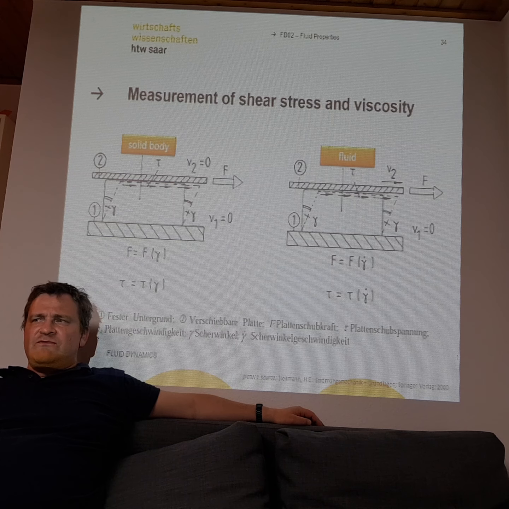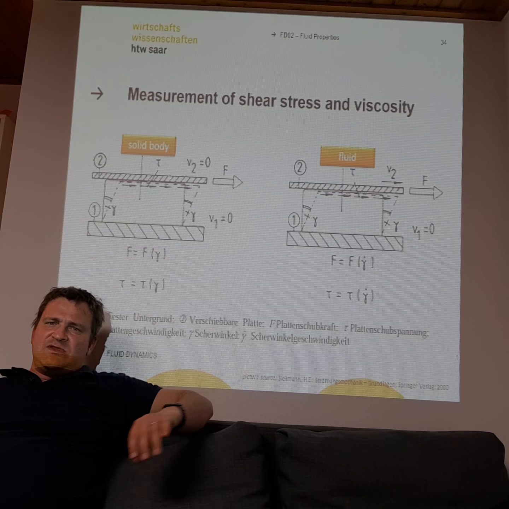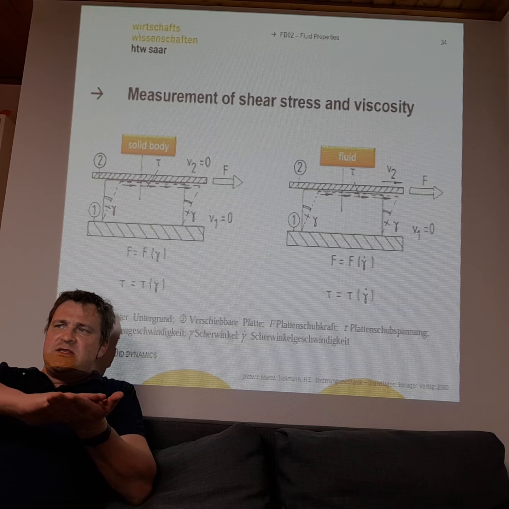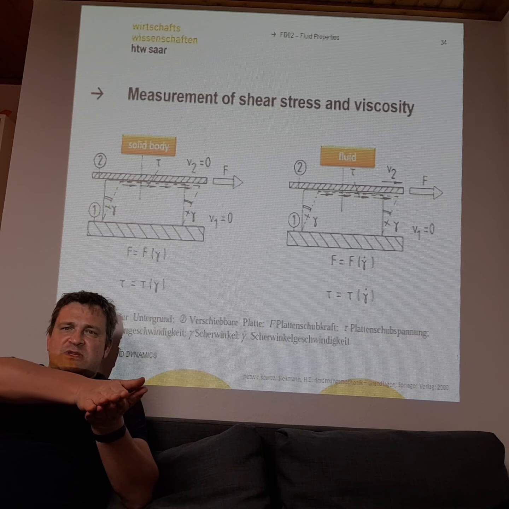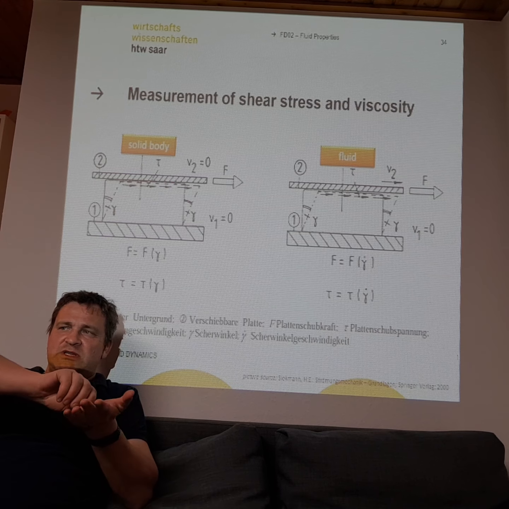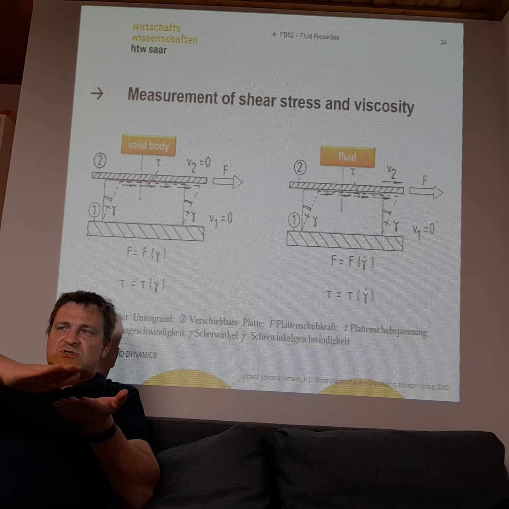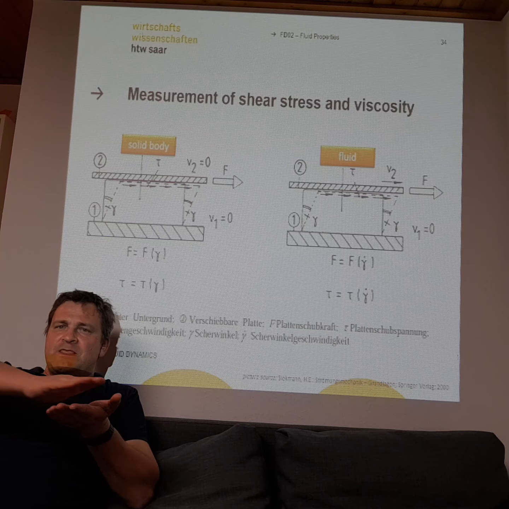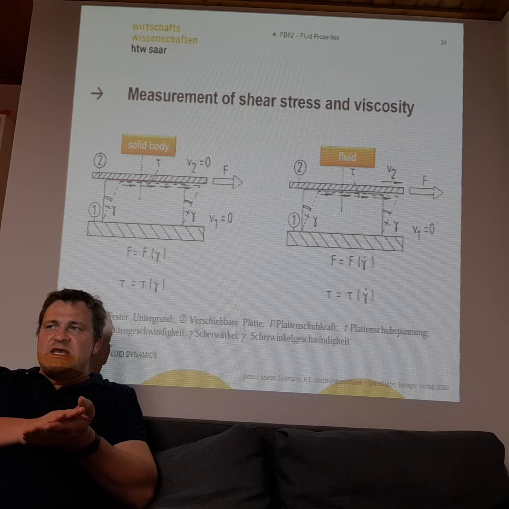Okay, how can we measure these shear stresses? We can measure it if we take a ground plane and another flat plane, we push it onto this plane, we put an oil or a liquid between these two plates, and then we shift the plates around, and then we get a gradient inside the fluid, and we can measure the force, and we can measure the shear inside the fluid.